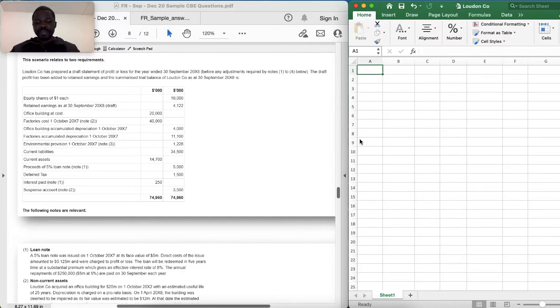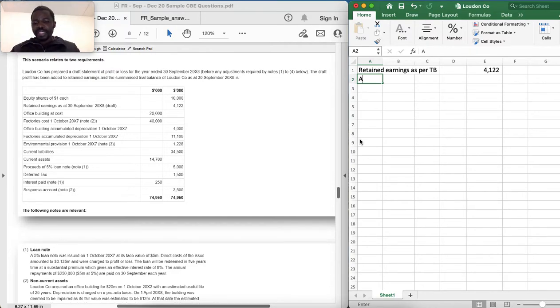So we have encountered retained earnings. We'll say retained earnings as per the trial balance. The retained earnings as per the trial balance is 4122. We need to adjust that figure.